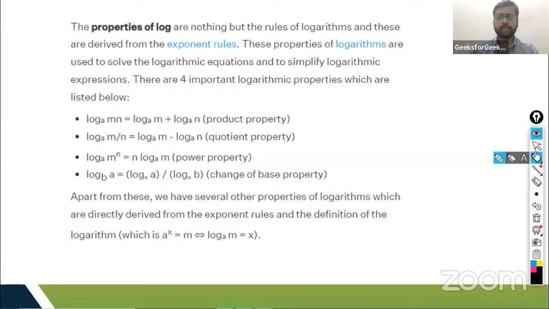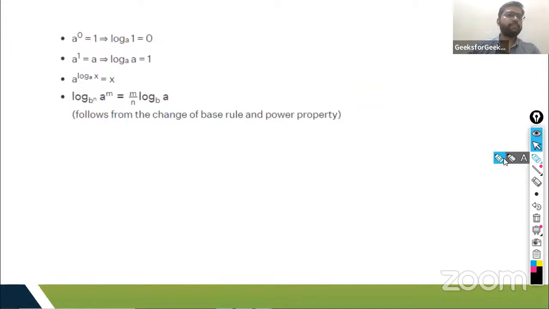This is not all the properties that we will discuss. Once we learn the question part, we will see some more properties. There are some points you need to remember. A to the power 0 is equal to 1, and log base a of 1 is equal to 0. Remember this, because yesterday we did a question on the same concept. There was a log 1 that they asked, and we directly put that as equal to 0.